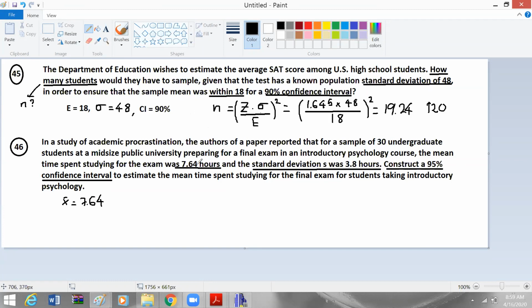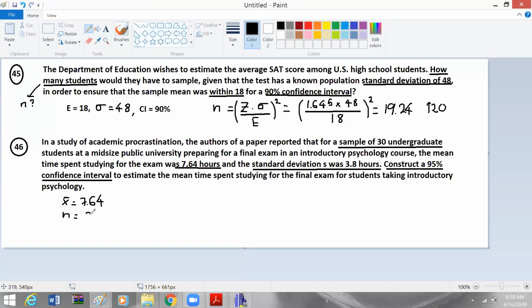Okay, but the question also gives us the sample of 30 undergraduates. So this question gives us N equal to 30. Remember that we're going to utilize all the information before we can know what type of question we are doing. This is literally just the question that we did on Tuesday.